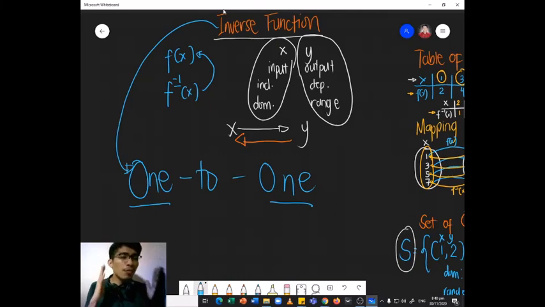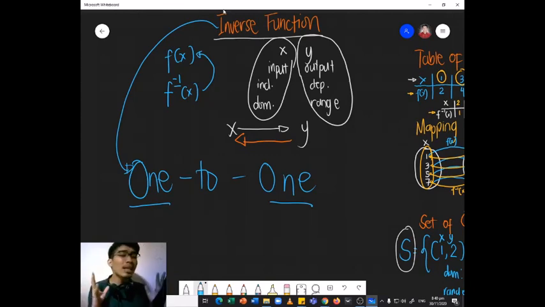If the definition of the function is x corresponds to y, this time, the inverse of the function is y corresponds to x. The roles are different, but we are still dealing with the same function. We are just getting its inverse, thinking of it differently. So that's how the inverse of the function works, ladies and gentlemen.